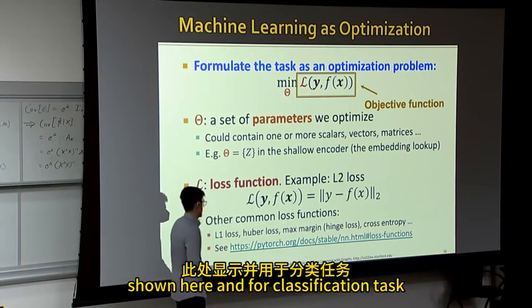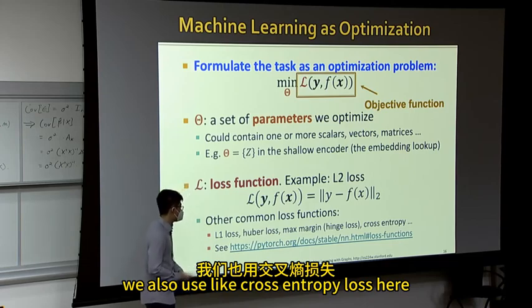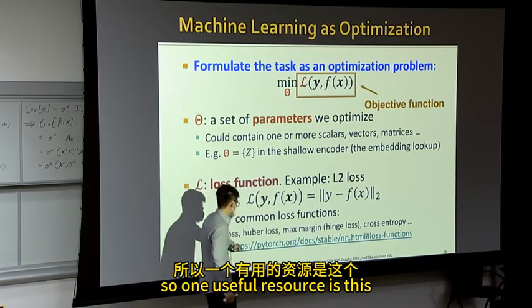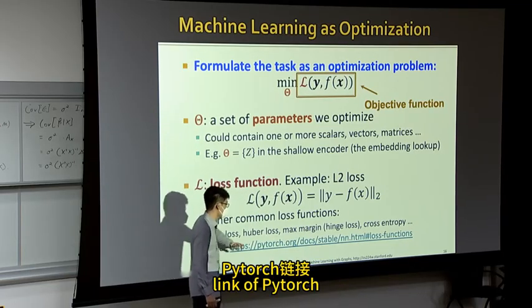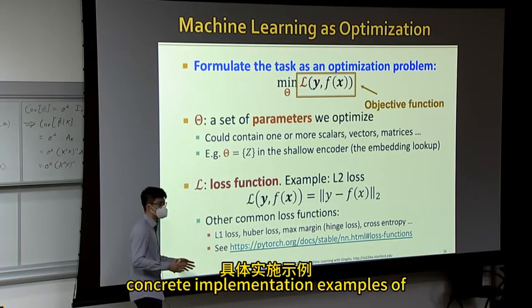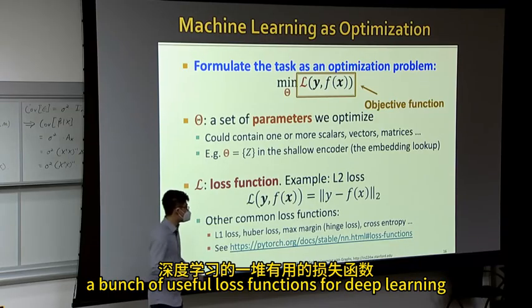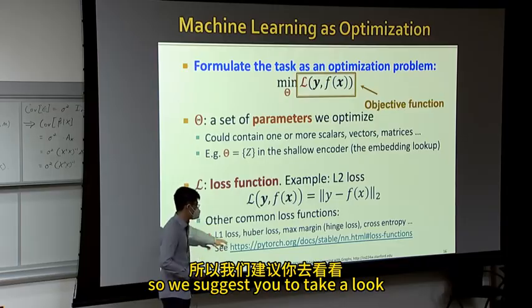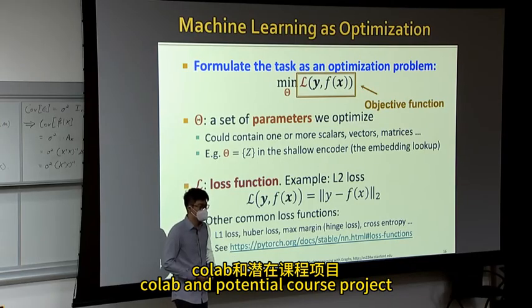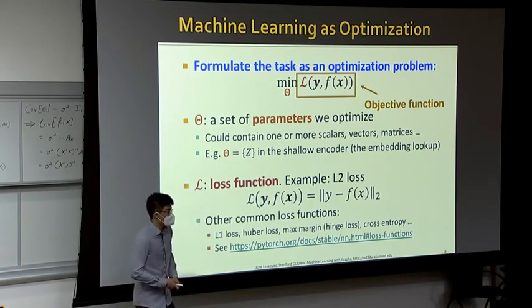And for classification tasks, we usually use cross entropy loss. One useful resource is this PyTorch link, which gives both theoretical and concrete implementation examples of a bunch of useful loss functions for deep learning. We suggest you take a look, and this will also be useful for your colab and potential course project.